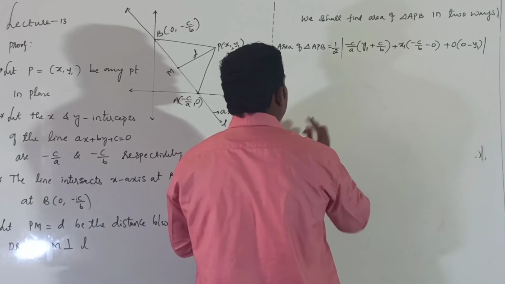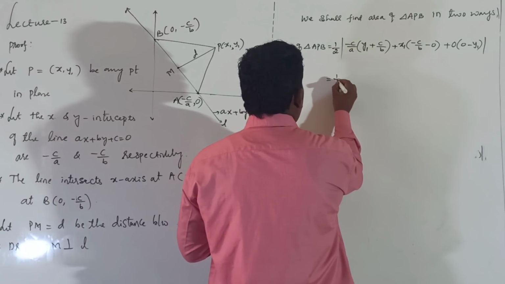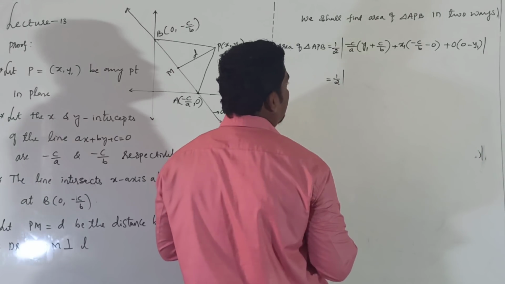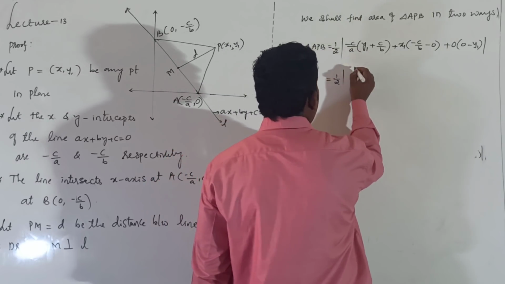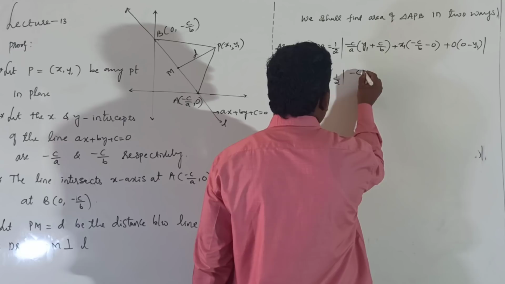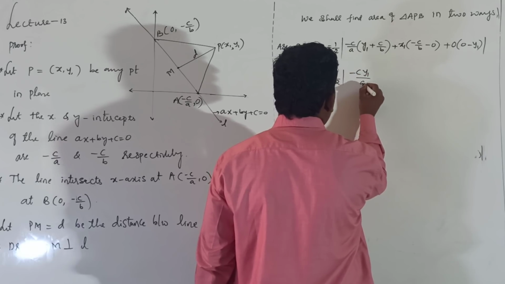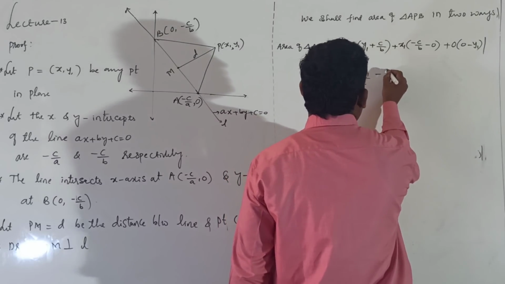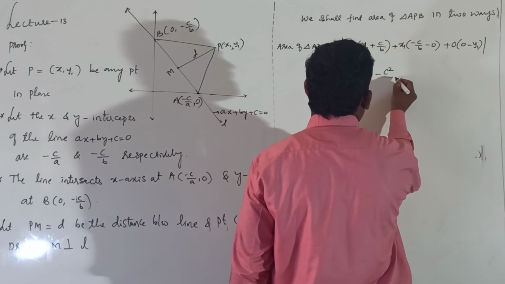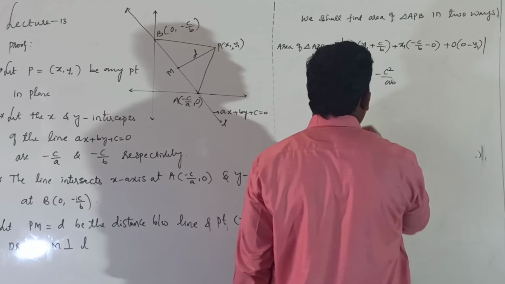After that, just simplification. 1 by 2 into modulus of usual multiplication: minus c y1 divided by a, minus c square divided by ab.